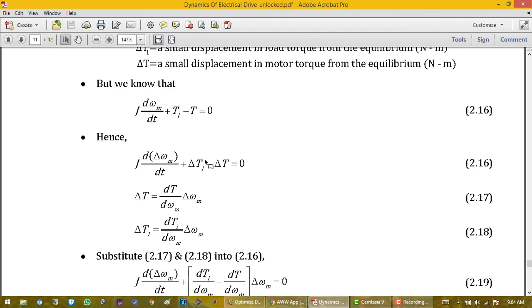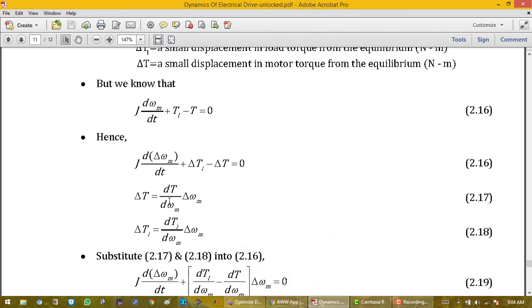Now for small perturbation, the speed torque curve of the motor and load can be assumed a straight line. This is my assumption, that the speed torque curve is linear, that is y equals mx. So if it is y equals mx, then ΔT equals dT/dω_m times Δω_m and ΔT_L equals dT_L/dω_m times Δω_m, because we are discussing the speed versus torque curve.